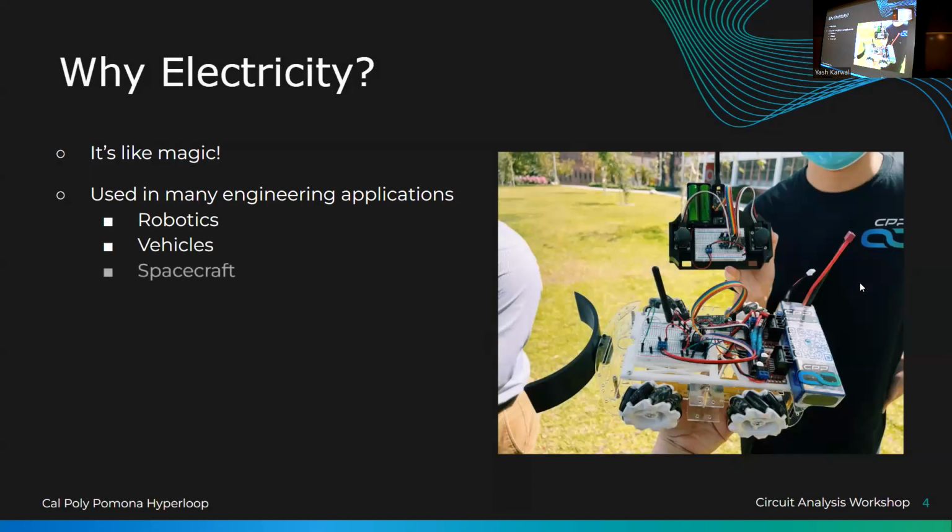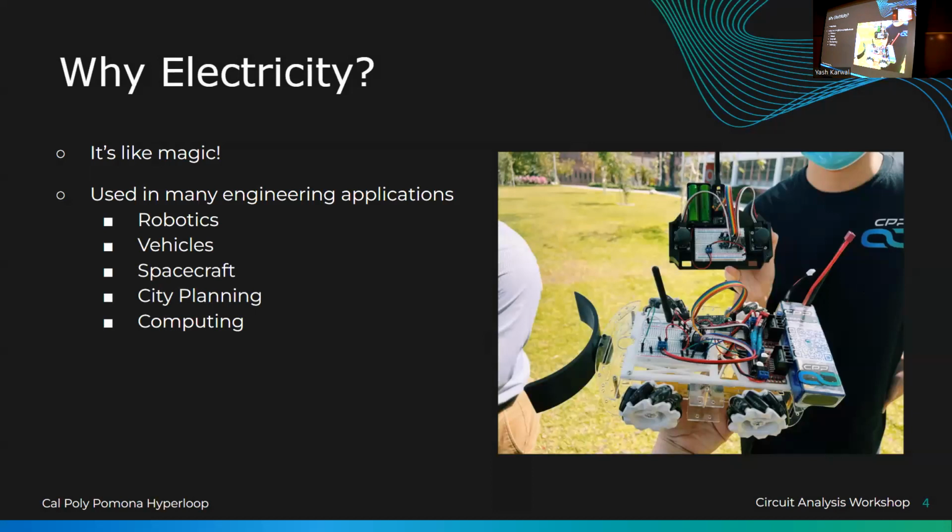Okay, why electricity? Many years ago, scientists discovered that electricity is the most efficient way of transporting energy, because in theory the electric potential between one point of a wire and another point of the wire is constant.